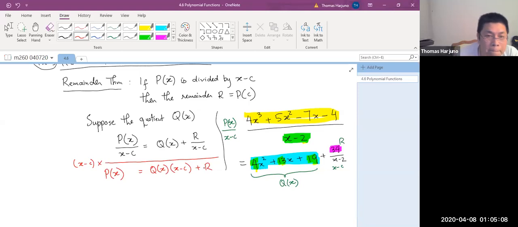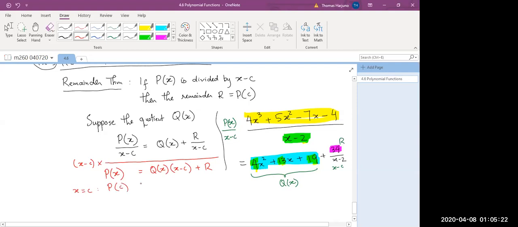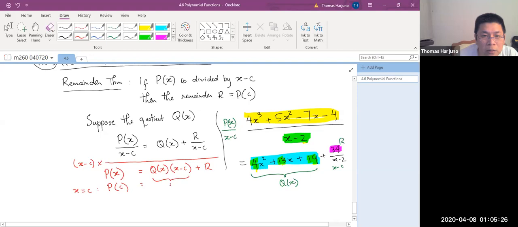Are you with me? Now, when I set x equal to c, then I get P(c) equals, this guy will be 0, right? Plus r. Therefore, P(c) equals r.